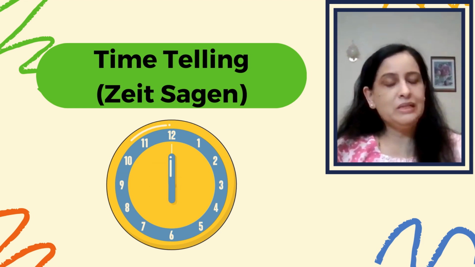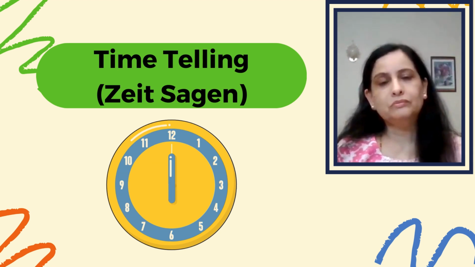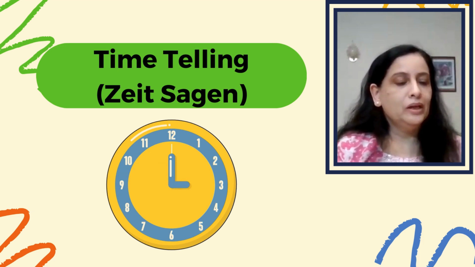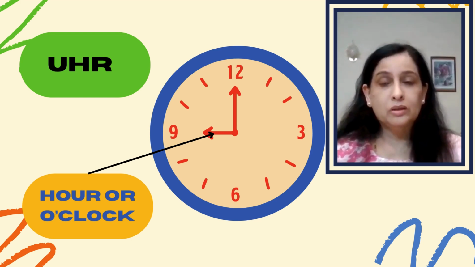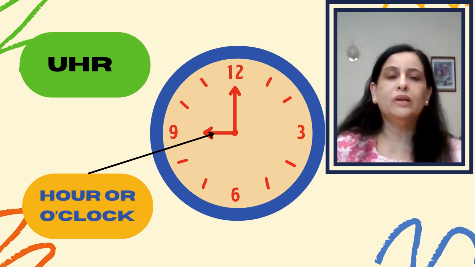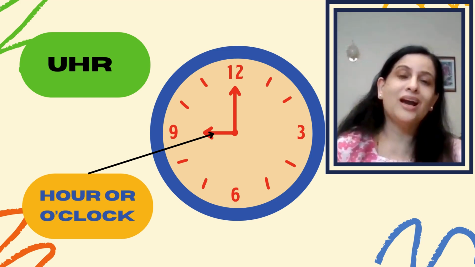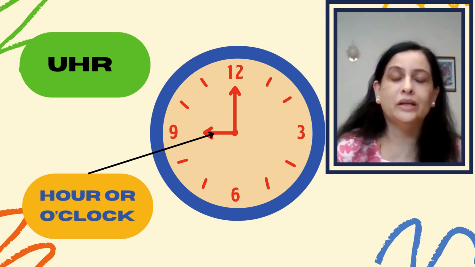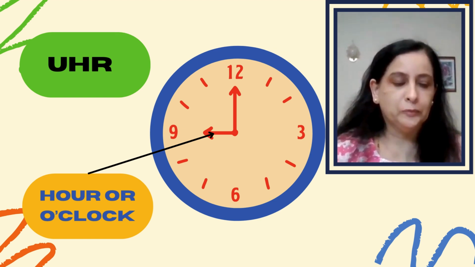First we'll see a few words related to time or clock, and then we'll see how to tell the time. First one is Uhr. Uhr means o'clock. Suppose we have to say it is 1 o'clock. In German, we'll say es ist 1 Uhr, not eins. I have explained that in the other video, how to read a clock, so you can go through it.